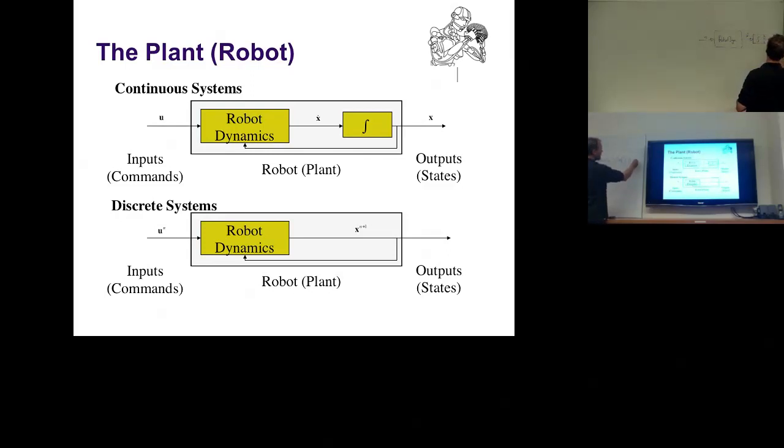And then this finally gives you the position x. Essentially the robot itself does all of this for you, so you can draw a box around this, and it simply integrates after getting a command U, the change of state, and what you can observe is the robot in state x. That entire box with all this stuff inside is what we normally call the robot plant. Then we have the inputs or commands, and the outputs or the state of the robot. That is the state which describes the entire robot. We'll talk more about what it actually means to describe an entire robot, what level of detail you need. But for right now, we're doing fine.